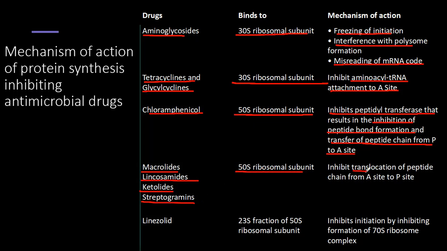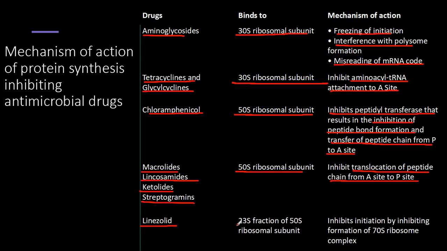They inhibit translocation of the peptide from the A site to the P site. So you can see chloramphenicol is inhibiting peptide bond formation and the transfer of the peptide chain from the P site to the A site. Macrolides, lincosamides, ketolides, and streptogramins do the opposite: the translocation of the peptide chain from the A site to the P site.